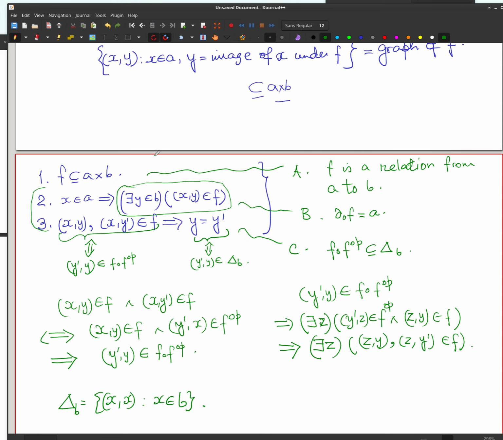So this is what we have taken the definition of a function to be. Is that clear now? So it is just rewriting this in this way. It is nothing new.